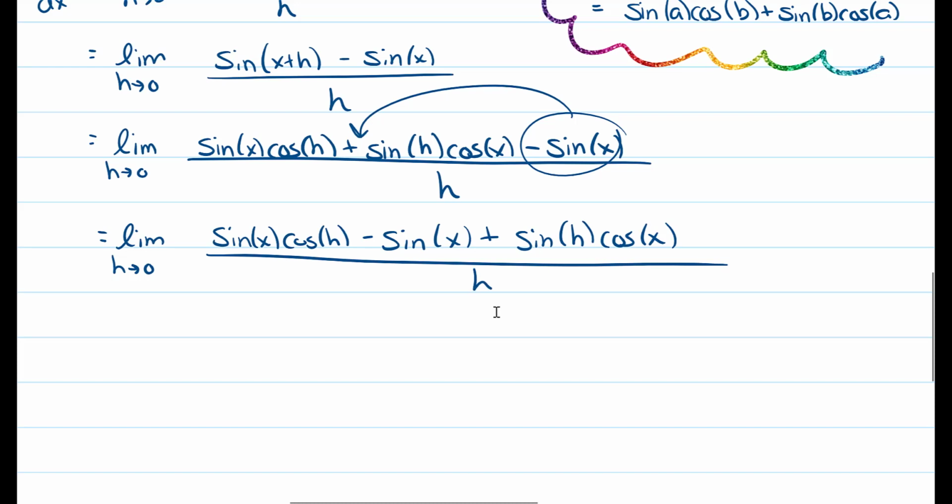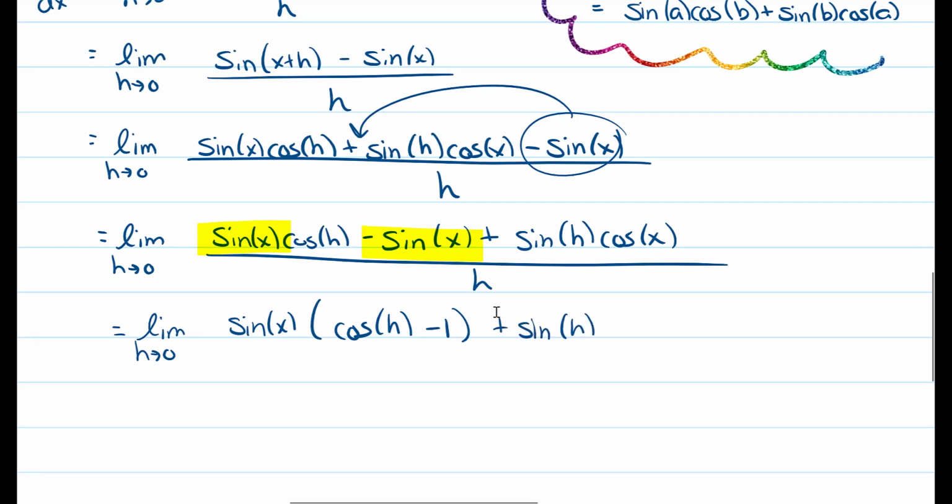So notice that I have a sine of x here and a sine of x here. So this is the limit as h approaches 0 of sine of x, then a parentheses, cosine h minus 1, plus sine of h cosine x, all over h.